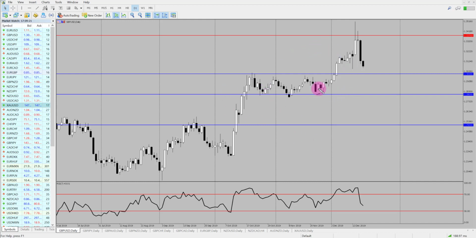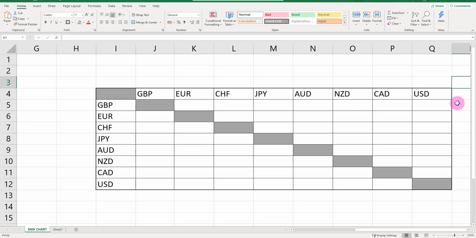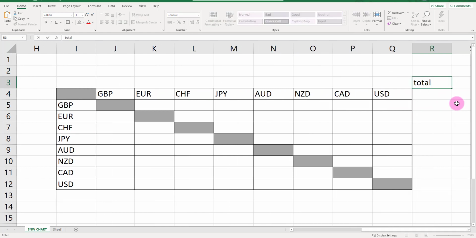Now, essentially what I have here, I'll just bring it up on the screen, is a table scoring the currencies against each other. So you've got pound against the euro, pound against the Swiss franc, pound against the yen, Oz, Kiwi, CAD and the dollar. What we do is give it a scoring and then a total at the end.